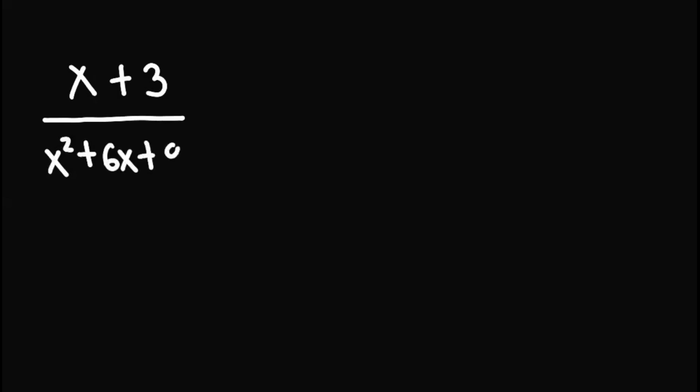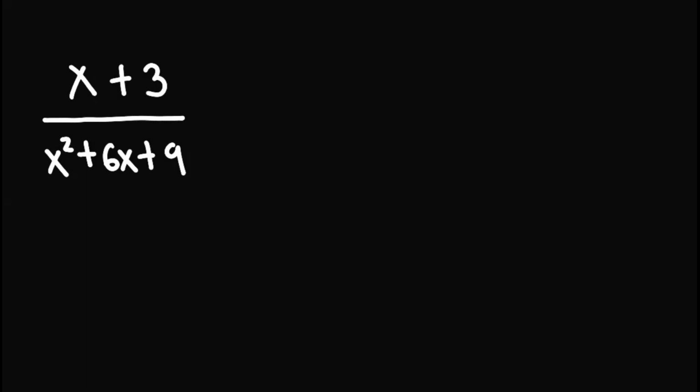Let's have this third example: x plus 3 over x squared plus 6x plus 9. Now in the following examples, including this one, we'll really be needing our knowledge in factoring polynomials.